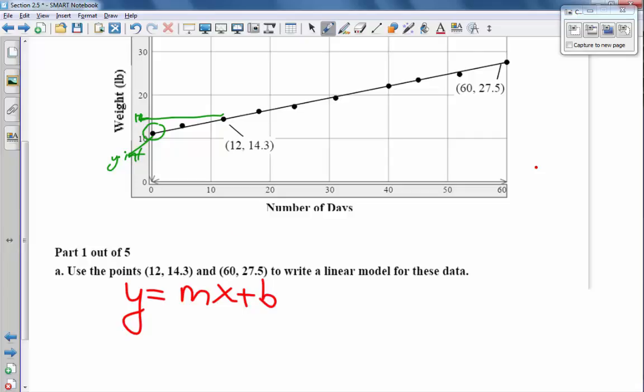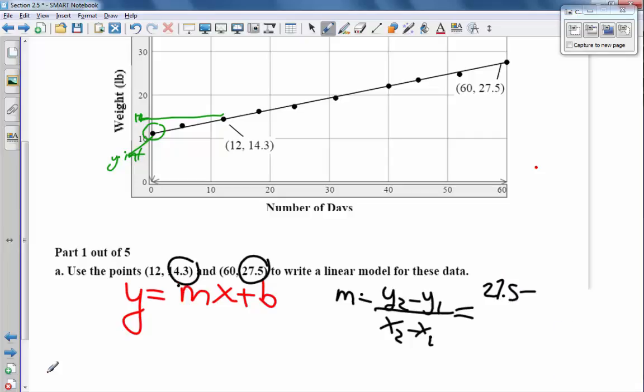There you go. We're going to go with that formula. m equals y2 minus y1 over x2 minus x1. What is y2? The second point, y coordinate, 27.5, minus y1, which is 14.3.